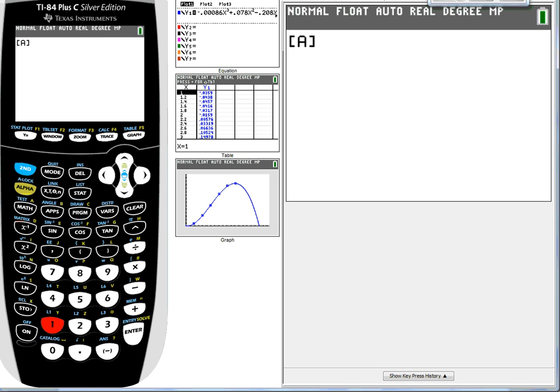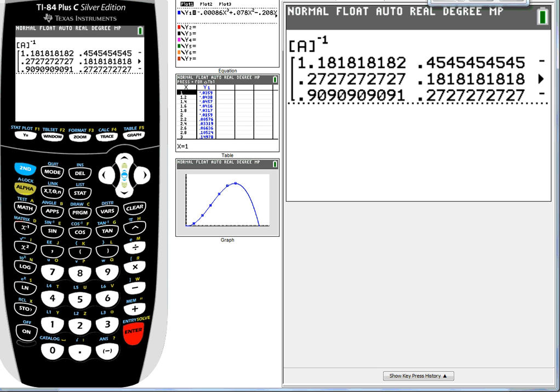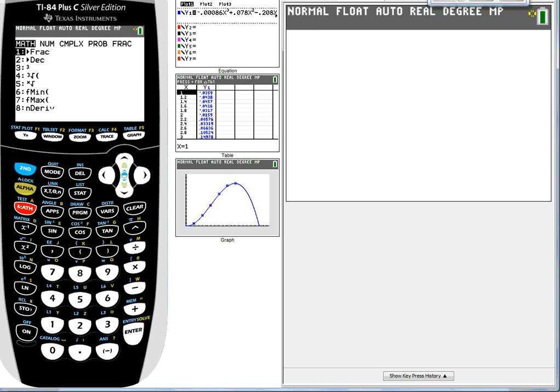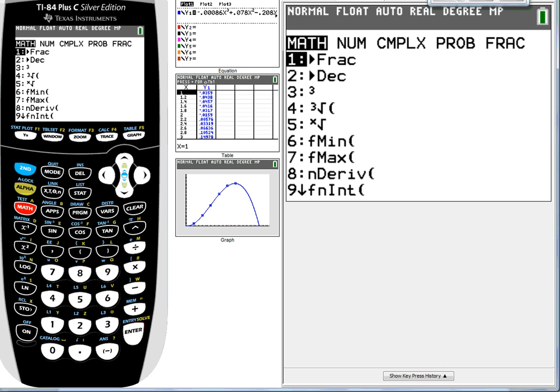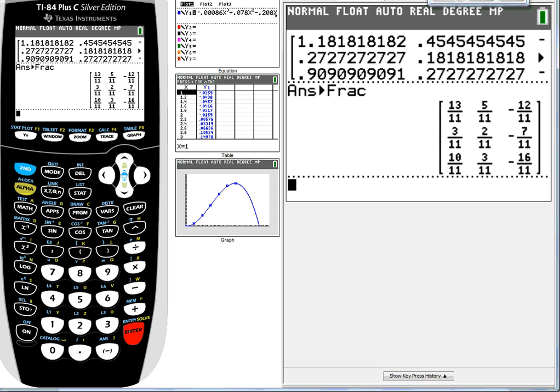And then the same button that I press to get matrix, it says X inverse, right? And so now I just press enter, and it's going to give me this matrix. Now it looks all crazy, so you can use your same math frac. I can press math and change it to a fraction, and it'll give me that whole matrix as fractions. So that's my answer for 12.